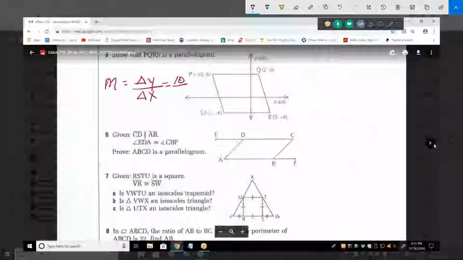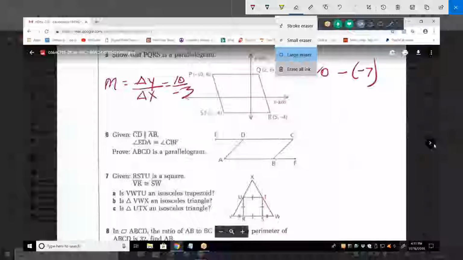And then minus 10, I've got to go in the same direction, minus a minus 7. What's that? Minus 3. So it's 10 over minus 3. There's our slope. What's the slope of QR? It's 10 over minus 3. There you go. We're done with that one.